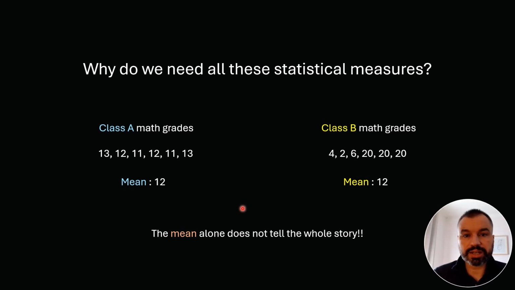For example, we can calculate the variance, which is going to be much higher in class B than in class A, because the variability around the mean is much higher, which tells us that most students are either good or bad at math and very far from the mean, whereas in class A, most grades are very close to the mean, and therefore we can deduce that these students are average. They are not bad, but they are not geniuses either.